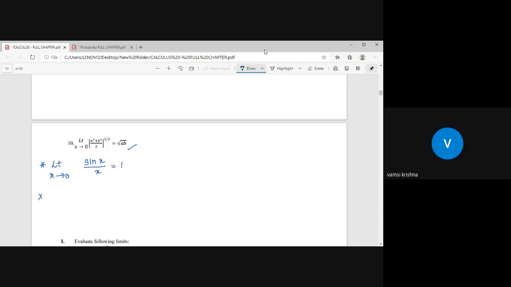And in the same way, limit x tends to 0, x by sin x is equal to 1. And next, limit x tends to 0, tan x by x is equal to 1.